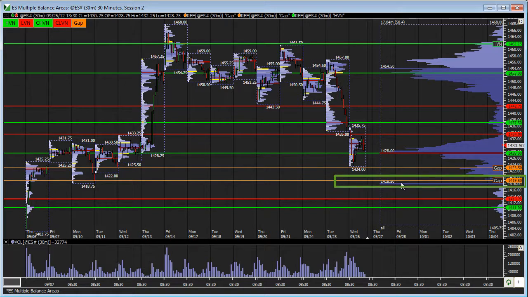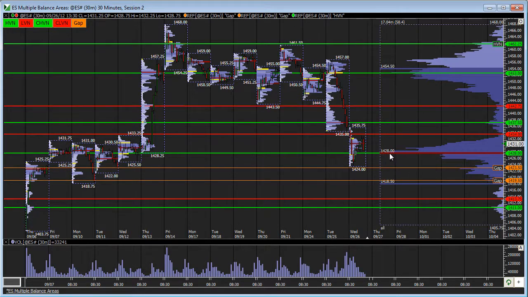So those are actually very good areas to look for long opportunities if price gets down there. So if we start failing at 1428, we're going to look for short setups down to 1419.5, 1418.5, and then once price gets here, we're going to shift our bias and start looking for buying opportunities because we expect responsive buyers to be active on the first test below value for rotation back up towards 1428.